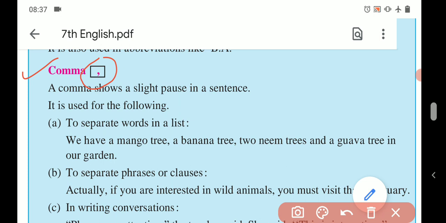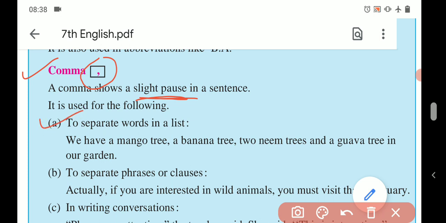A comma shows a slight pause in a sentence. It is used for the following. If you need a pause in a sentence, at that time you have to use comma. It has many uses. Let us see its uses given below.